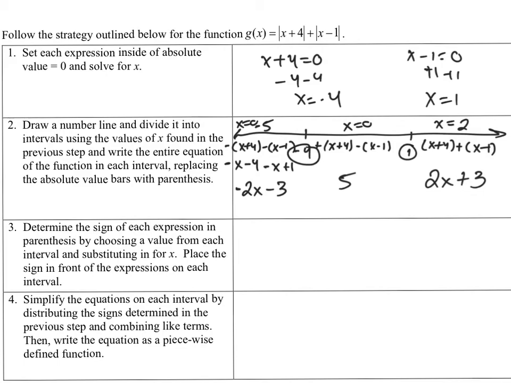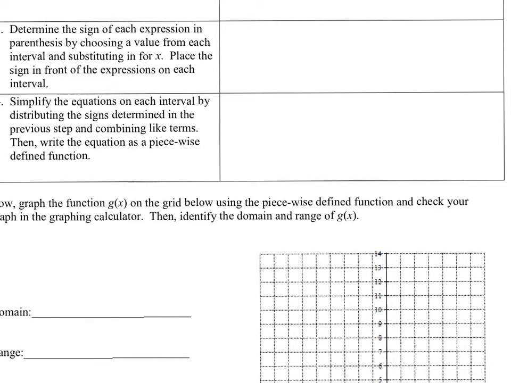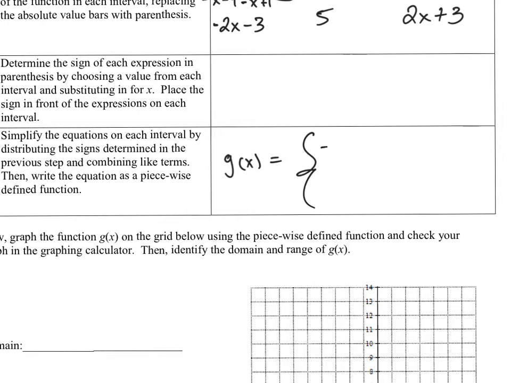Skip this third part, and we're going to go ahead and write the equation. So g of x is equal to negative 2x minus 3 for any x value that is less than or equal to negative 4.